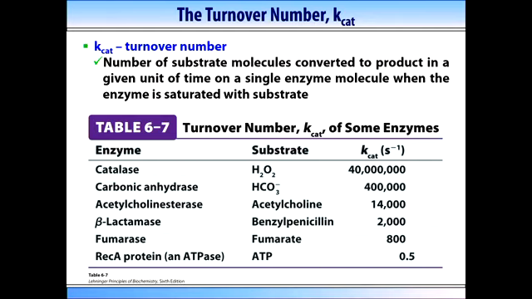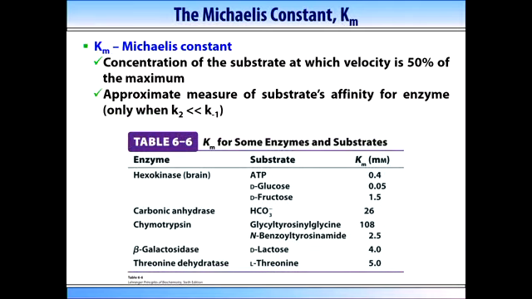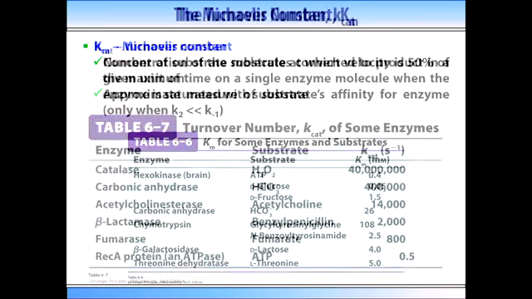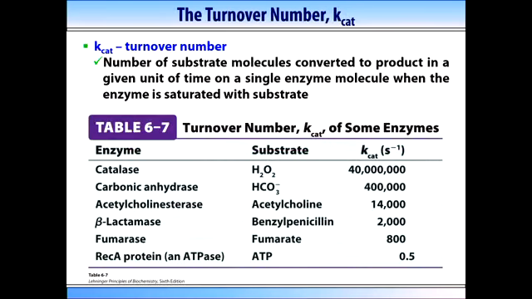So does this mean that one enzyme is more efficient than the other? Neither this parameter kcat nor the Michaelis-Menten constant can serve as a unique measure of the efficiency of enzymatic activity.